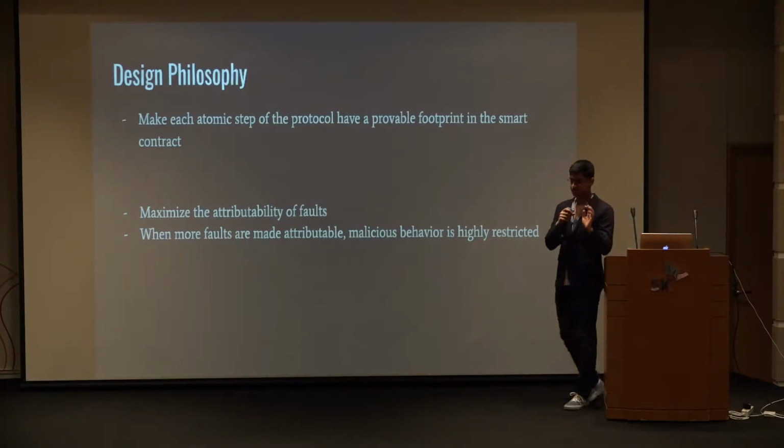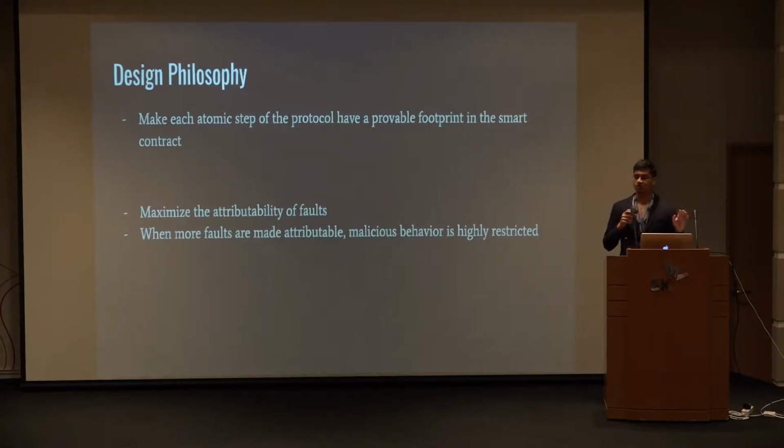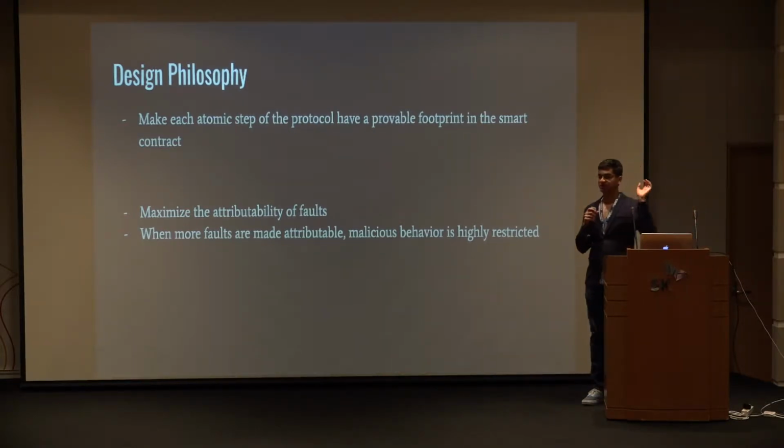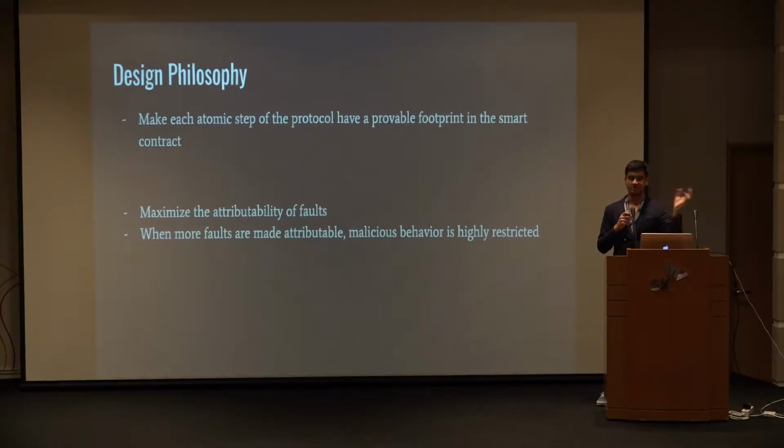So the basic design philosophy is that for each step in the protocol, you make a provable footprint in the smart contract. So you break down the protocol into multiple steps. Each step is kind of atomic in its own way. And the result of that step is some kind of data that you put in the smart contract that proves what happened in that step.